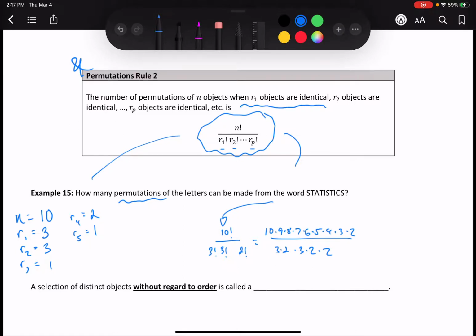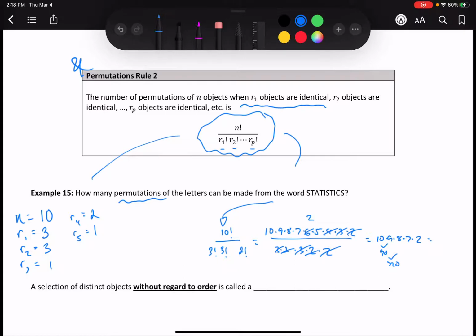Okay, so this 3 will cancel with that 3. That's easy enough. That 2 cancels with that 2. That's easy enough. 2 of these 2s will cancel with that 4. And that 3 makes that 6 a 2. Okay, so now I have simply 10 times 9 times 8 times 7 times 2. That's not so bad. 90 times 8, that'll be 720. 720 times 7.